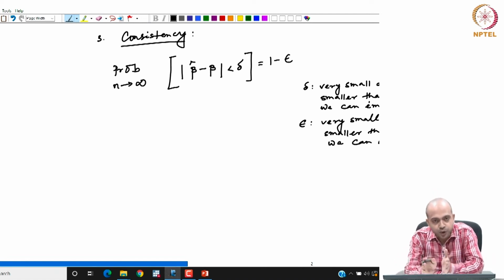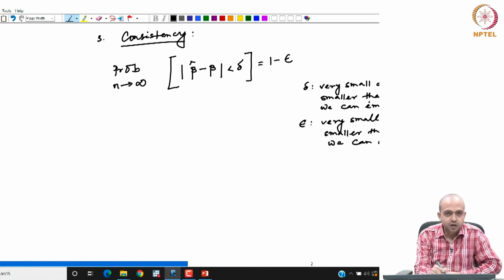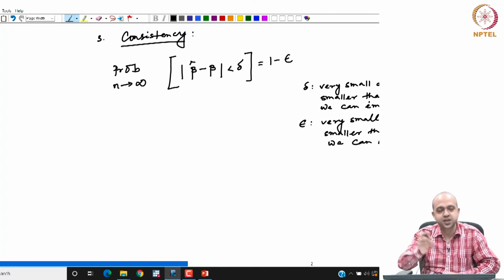Okay. So that means the probability of getting such a beta hat is almost 1, and when will that happen? When the sample size tends to infinity.